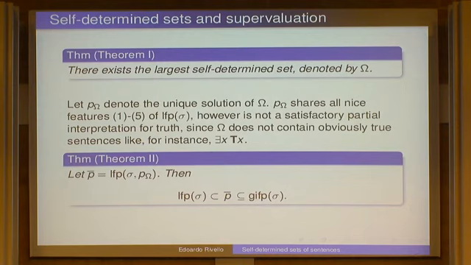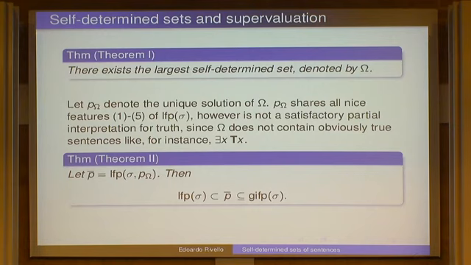However, in itself, P omega is not a satisfactory candidate for truth, since P omega doesn't evaluate even obviously true sentences, like for instance, there exists X such that X is true.